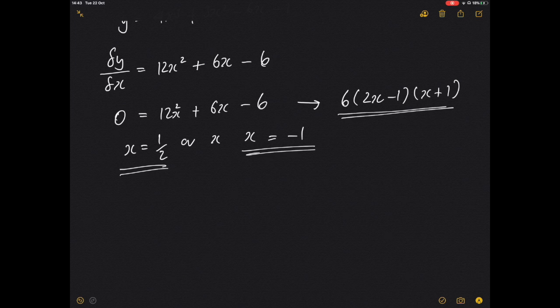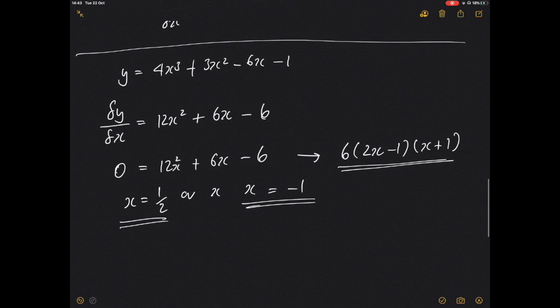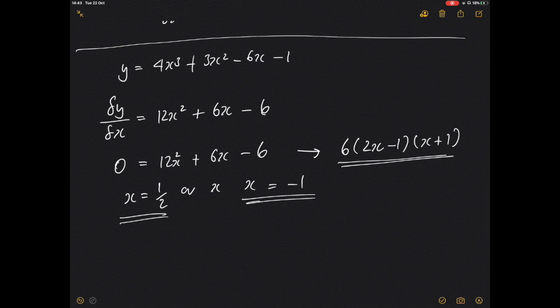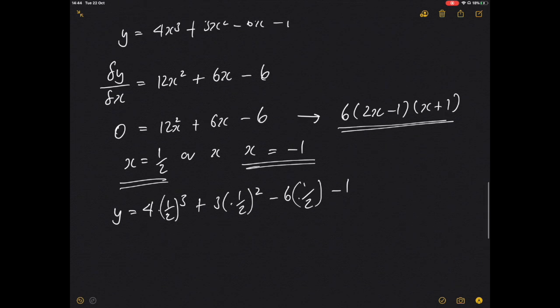So we can do what we've previously done, and stick everything back into the first equation. So we'd say y equals 4 times a half cubed plus 3 times a half squared minus 6 times a half, minus 1, and we would get the first answer as minus 2 3/4.